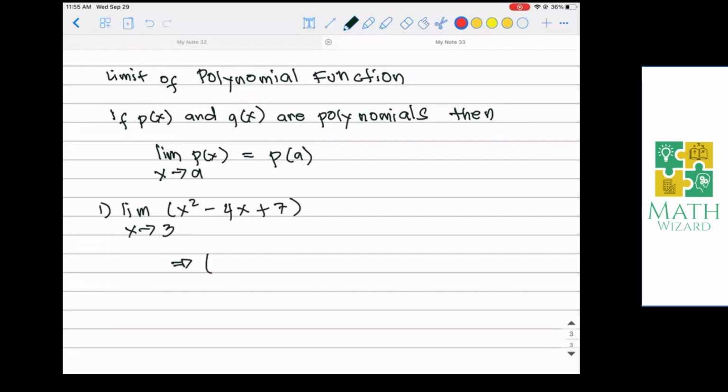So yung x, papalitan lang natin ng 3. So 3 squared minus 4 times 3 plus 7 is equal to 9 minus 12 plus 7. So this is equal to negative 3 plus 7. And ang sagot natin ay 4.